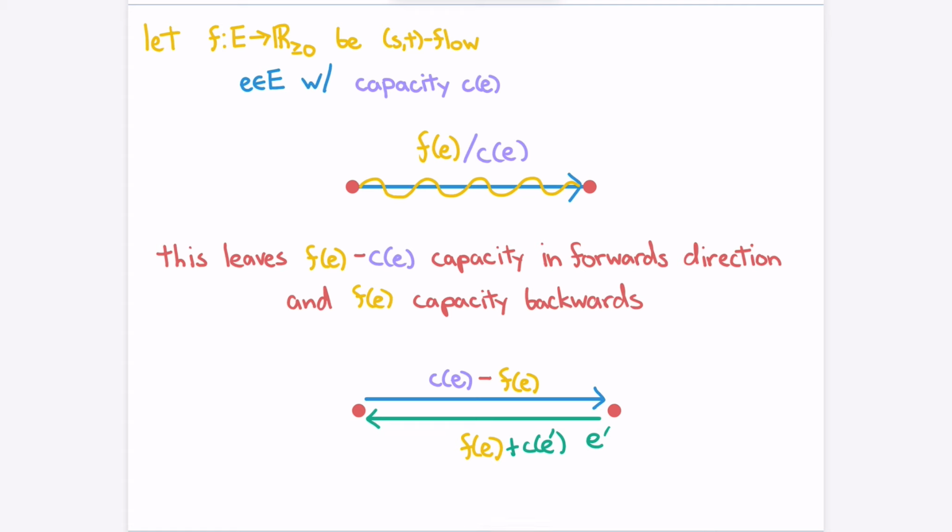This also means that if your algorithm somewhere in the middle is trying to send flow in both directions, you can just cancel them out. Your flow vector should only be positive in one direction or the other, because if I had flow going both ways, I would subtract until one of them became 0. That would be okay.